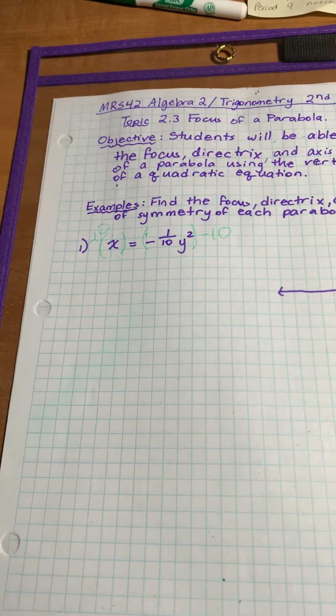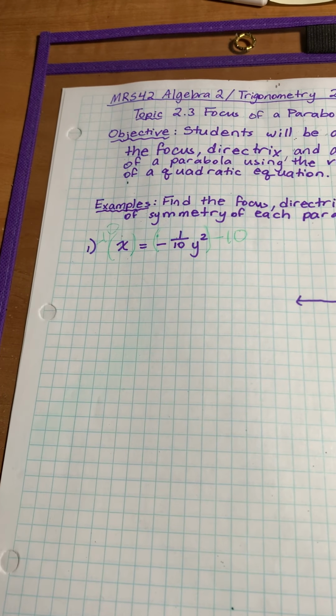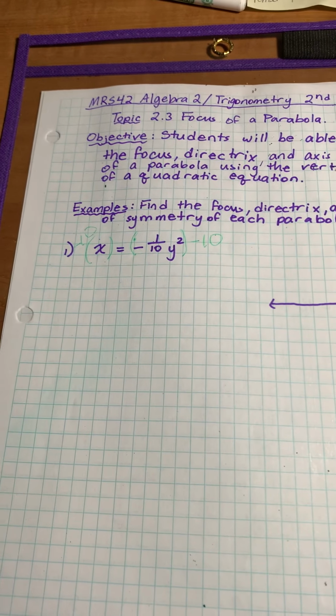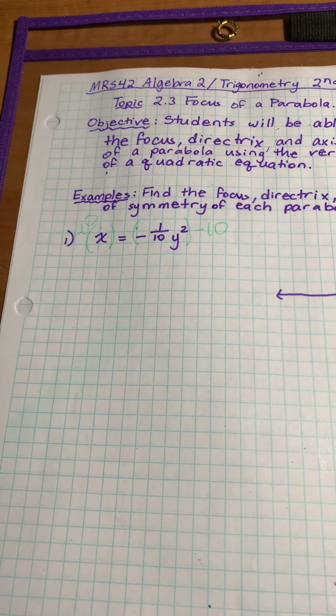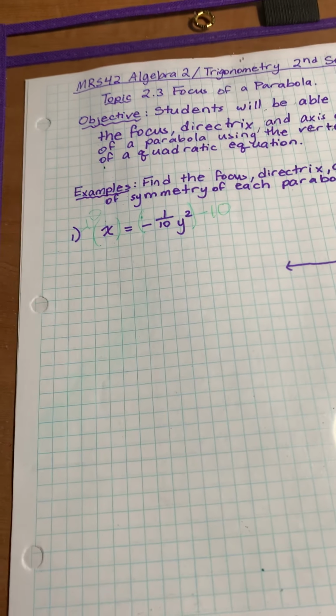So I just multiplied both sides by negative 10. And some of you have been asking, why can't I just add 1/10 to both sides?